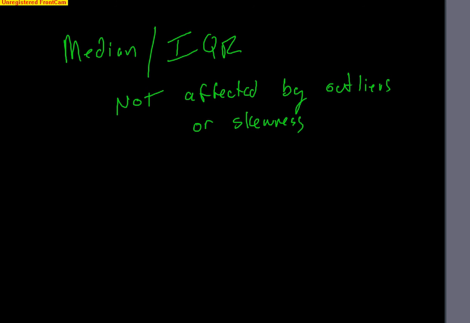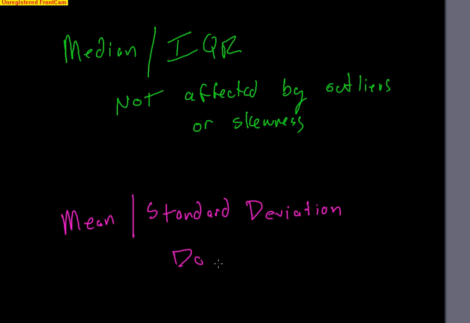Then we have best friends, mean and standard deviation. The mean and standard deviation have to take everybody into account, so a really, really large value or a really, really small value matters. So they unfortunately do get affected. So you have to be careful.